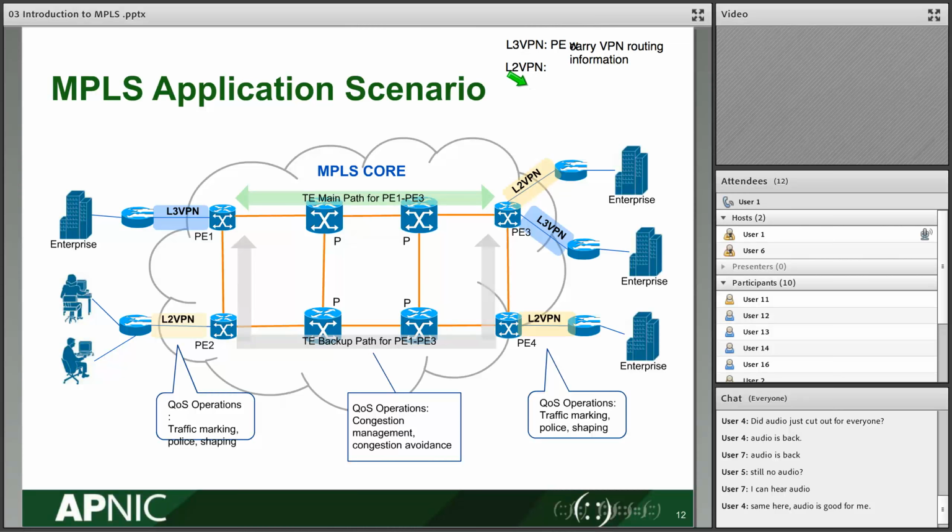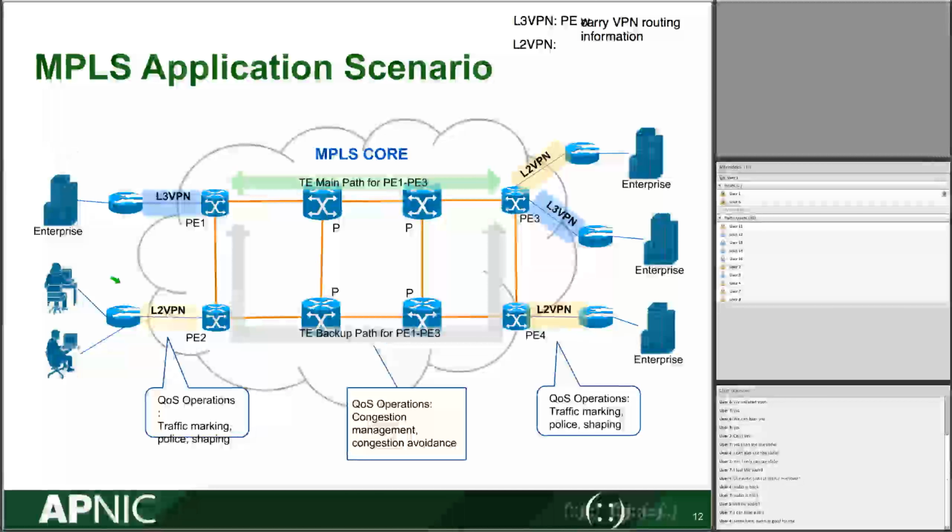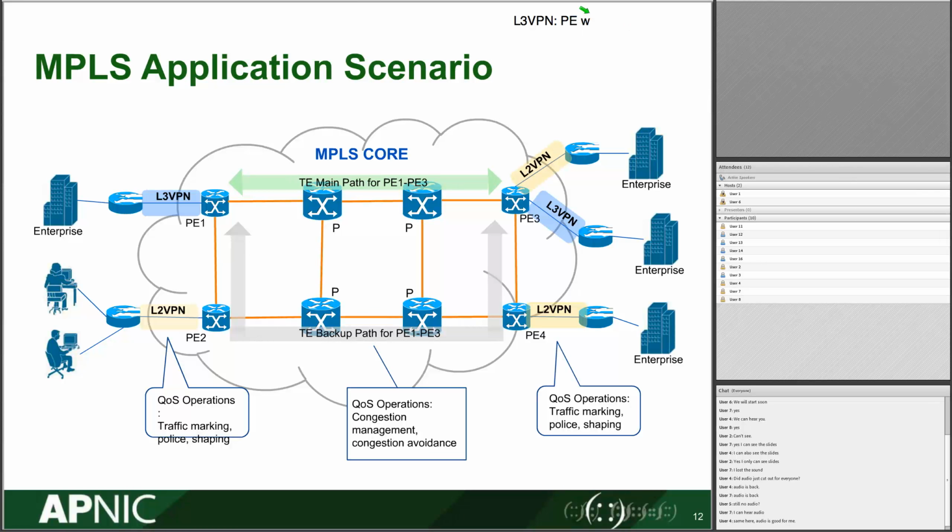And for layer 2 VPN, the public network is acting like one layer 2 link. So the routing information and such are all carried in the layer 2 parts. The PE routers will not maintain, okay, maybe using the word maintain is more correct.